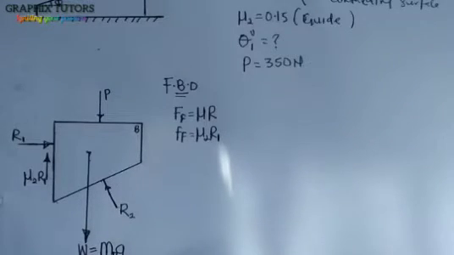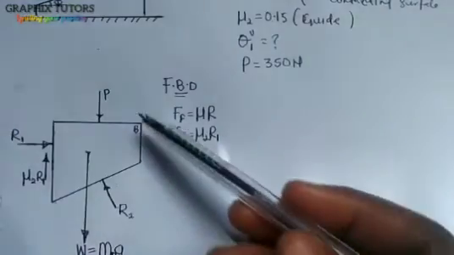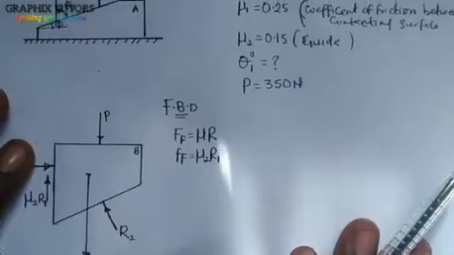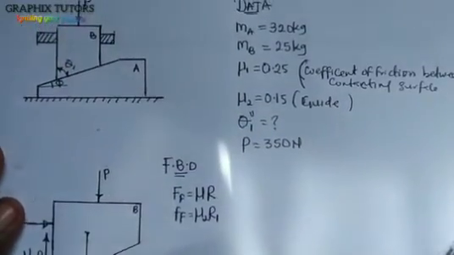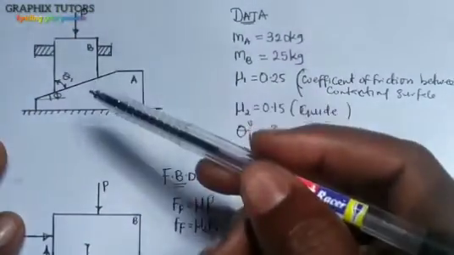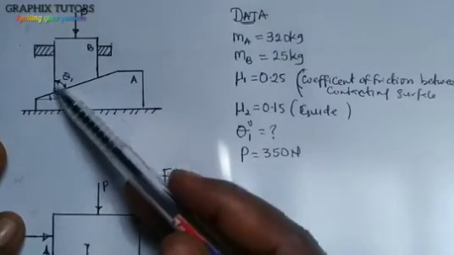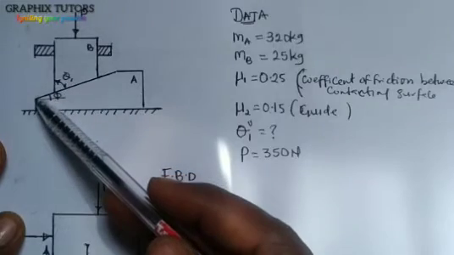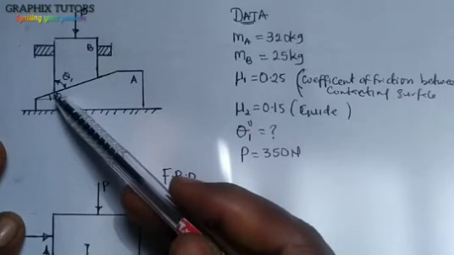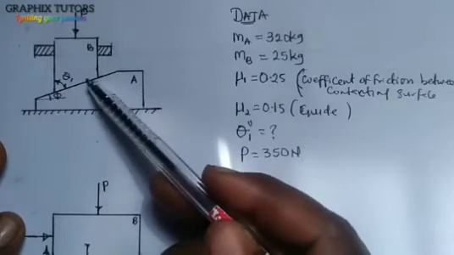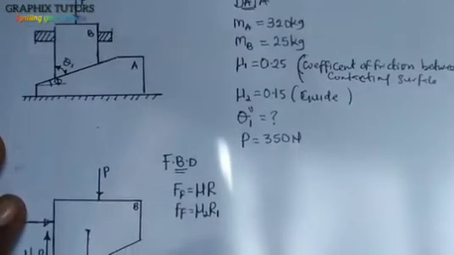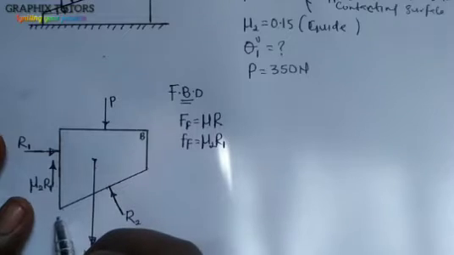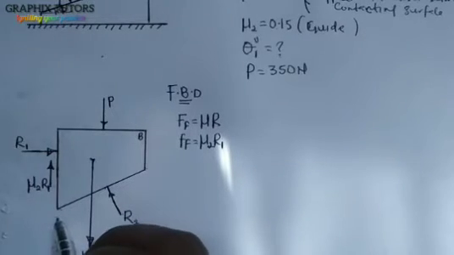Now similarly, if I am pulling this force downward, with the diagram that we have here, it will be moving forward because of how sloped it is. If it is moving forward, friction will be going in the opposite direction. So at this point I'll have my friction, so let me just put it here.